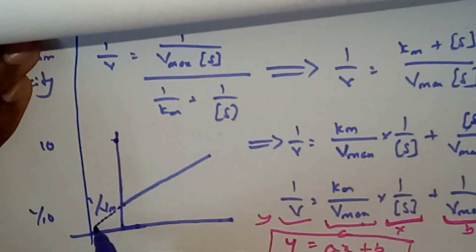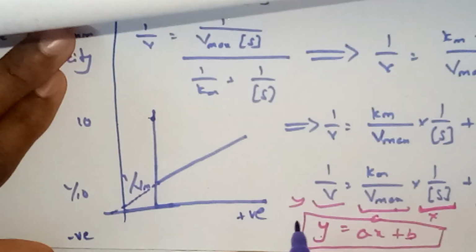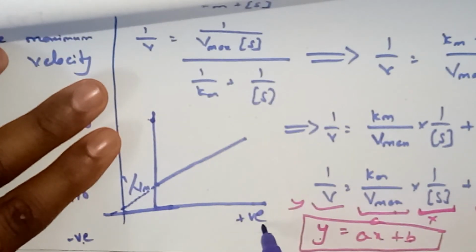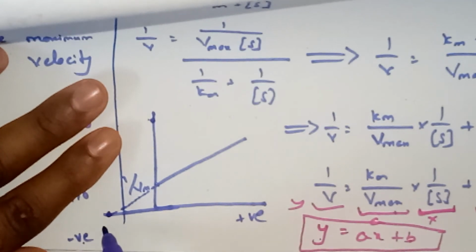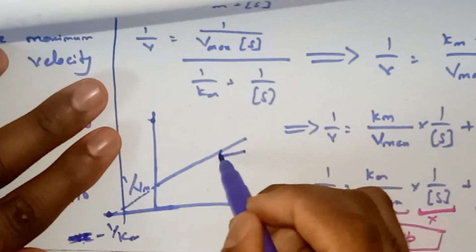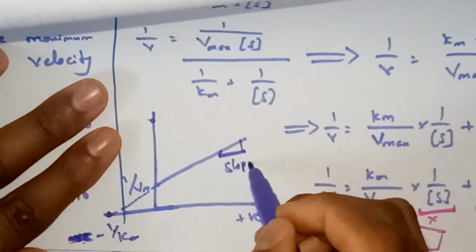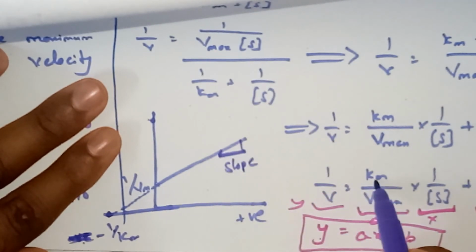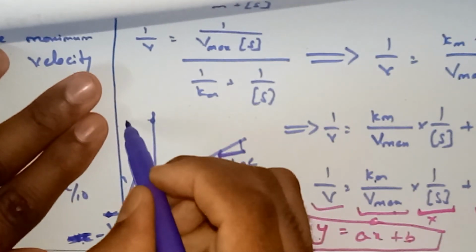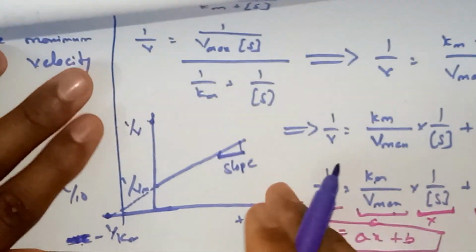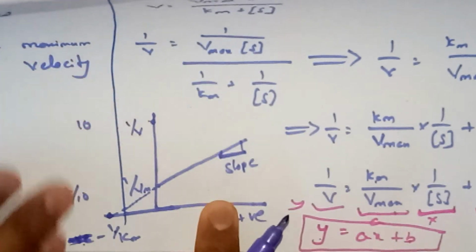If we extend this one, this is the negative side, this is the positive side, right? Here we had Km in the beginning, so here it will be minus 1 by Km, and this is the slope, and slope is Km by Vmax. This is the Lineweaver-Burk plot.